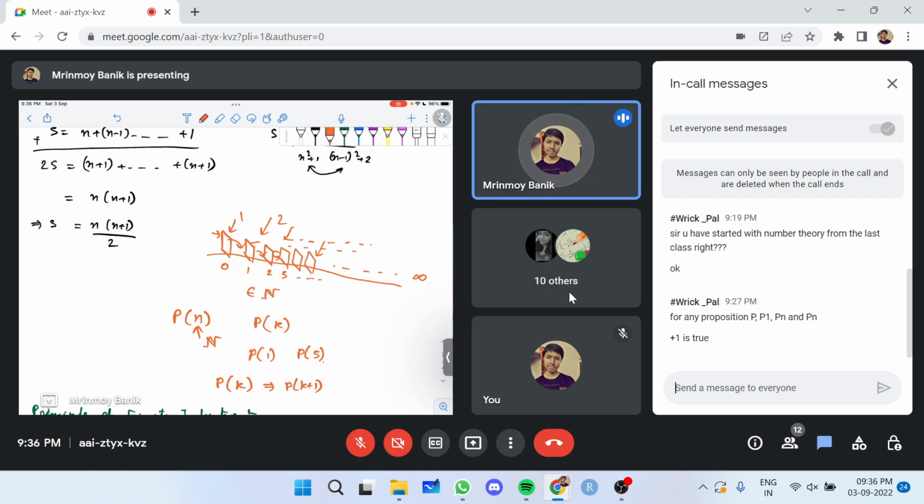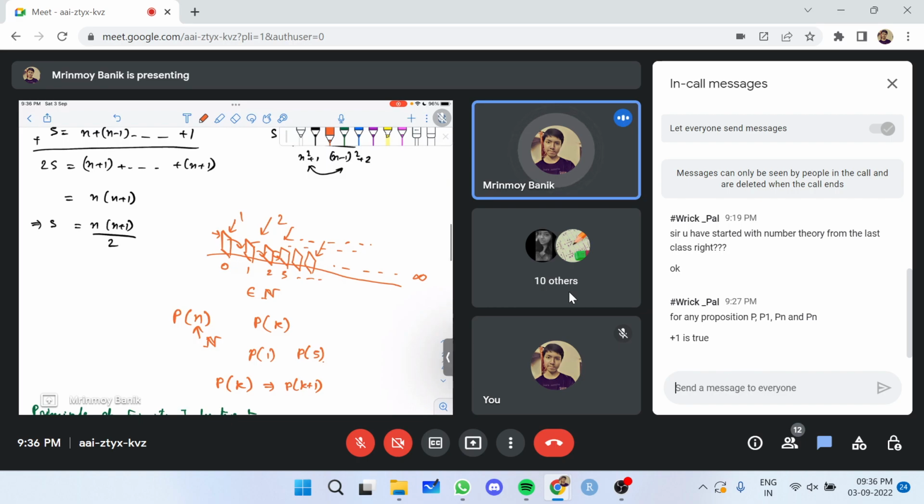One, two, three are all natural numbers, and none of the dominoes are left out. Each natural number k will get a domino, and each domino will get a natural number. That's why the set of natural numbers is equal to the number of dominoes on this infinite line of dominoes.